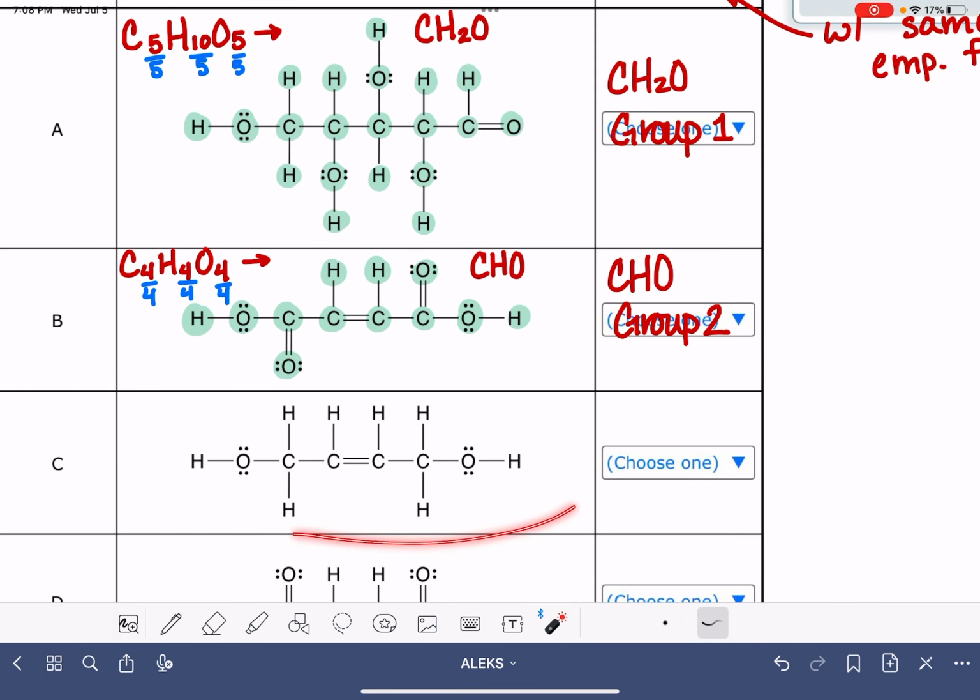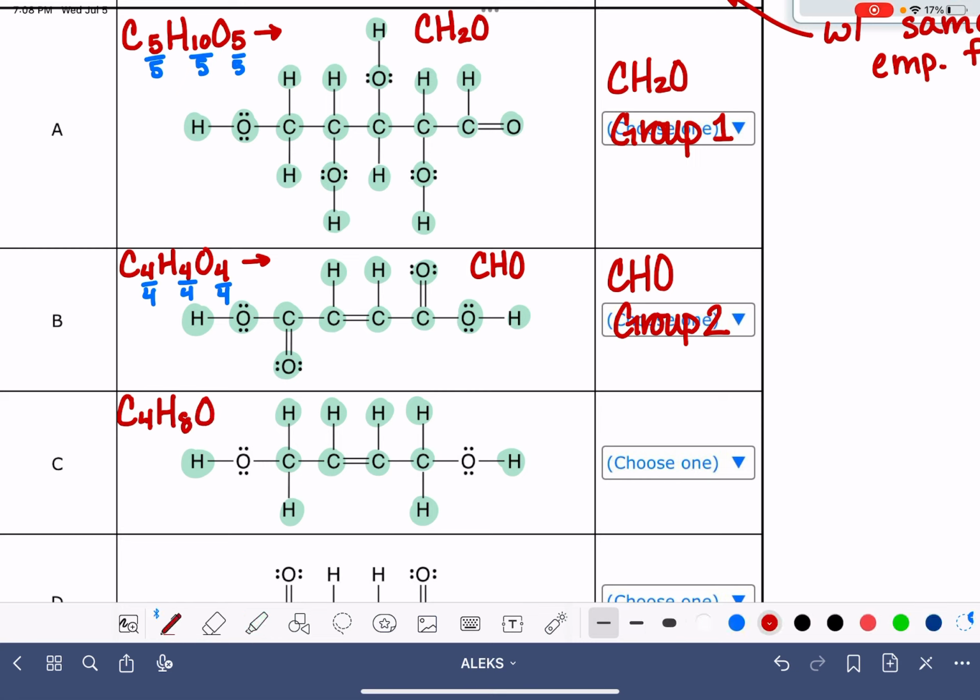Let's take a look at our next one. Same process. Start with the molecular formula. 1, 2, 3, 4 carbons. Hydrogens, we have 1, 2, 3, 4, 5, 6, 7, 8 hydrogens. And oxygens, we have 2. Can we reduce this down?